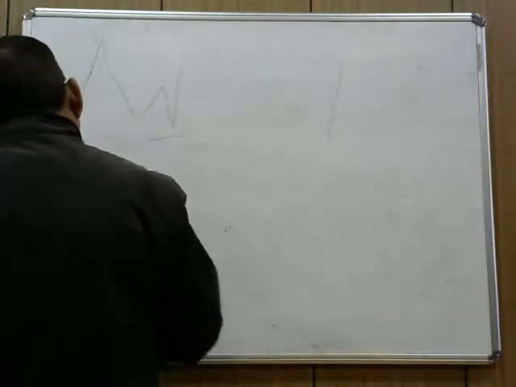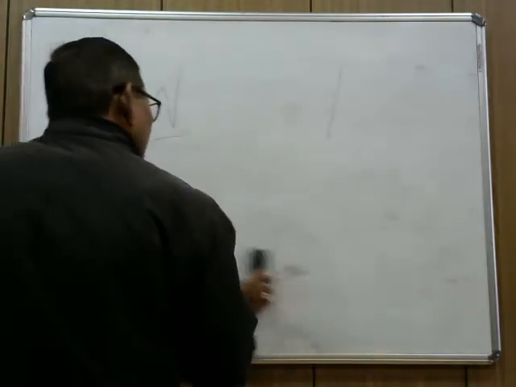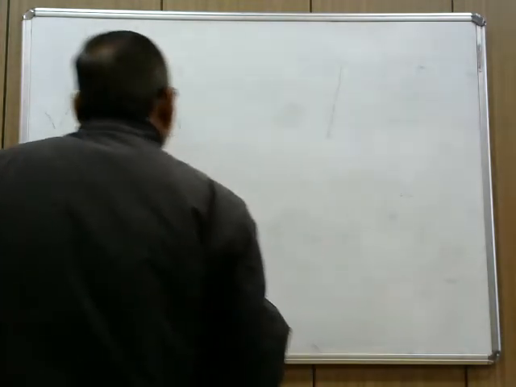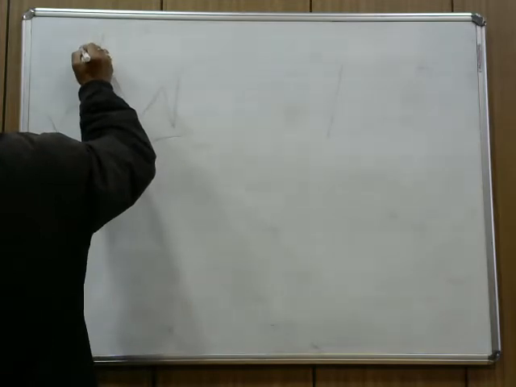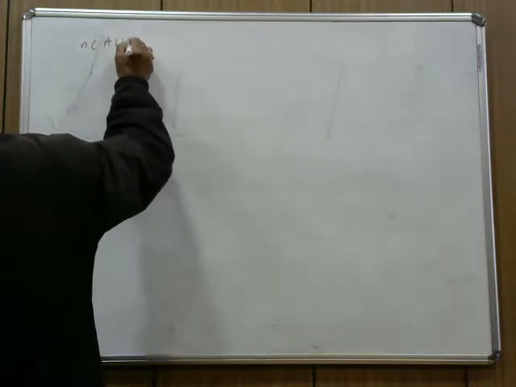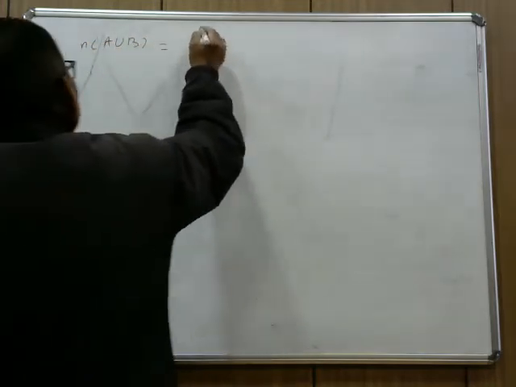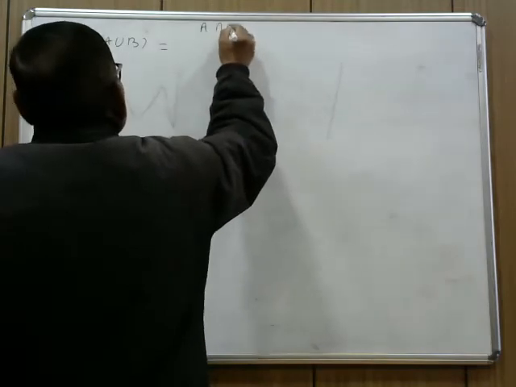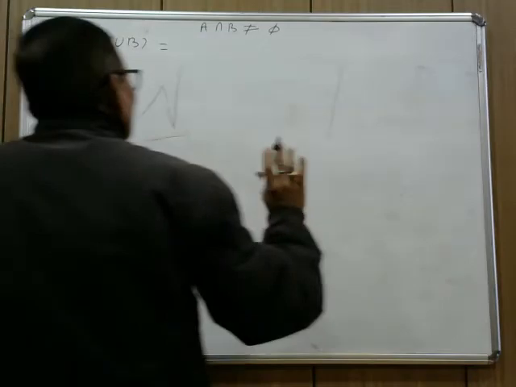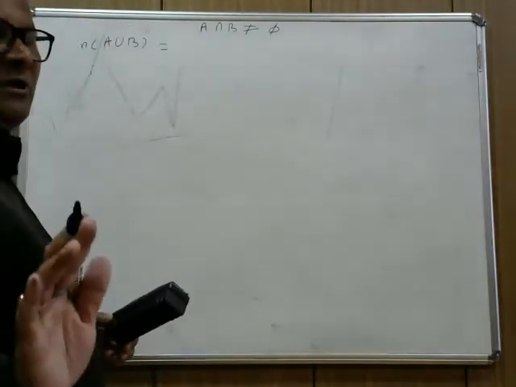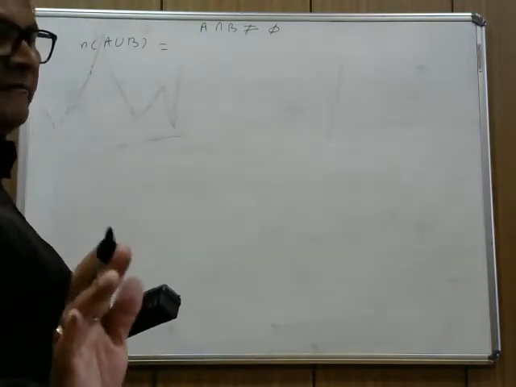First I am writing the formula for the number of elements in A union B, when A intersection B is not equal to empty. It has some elements.